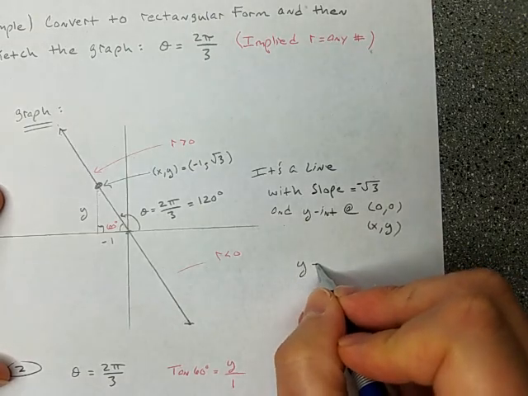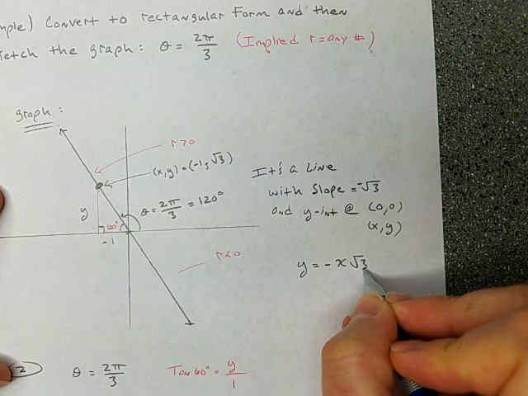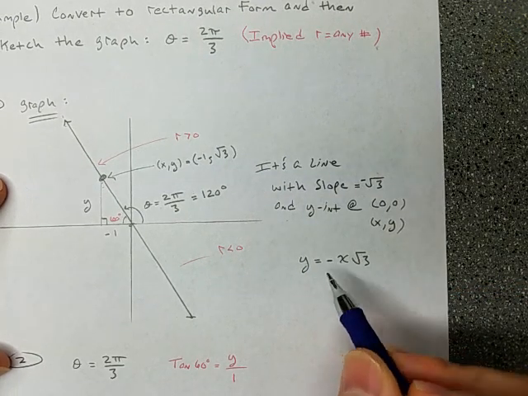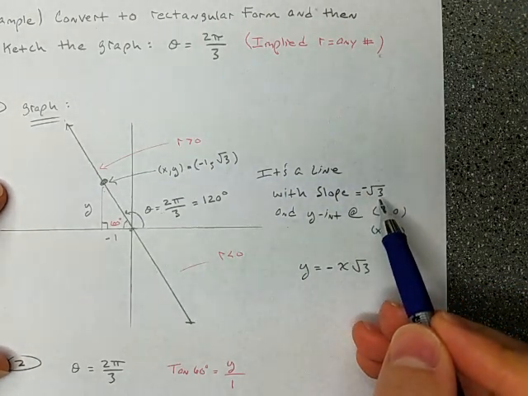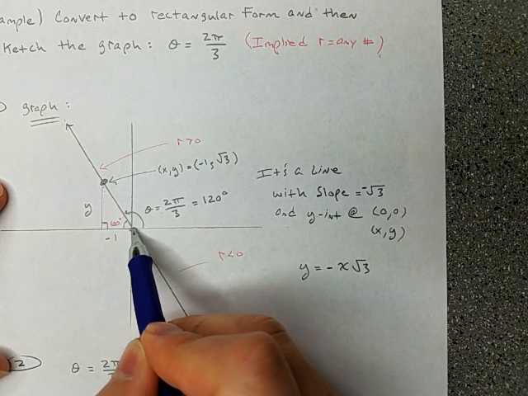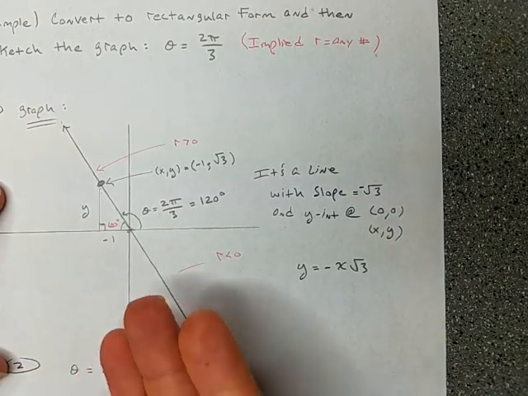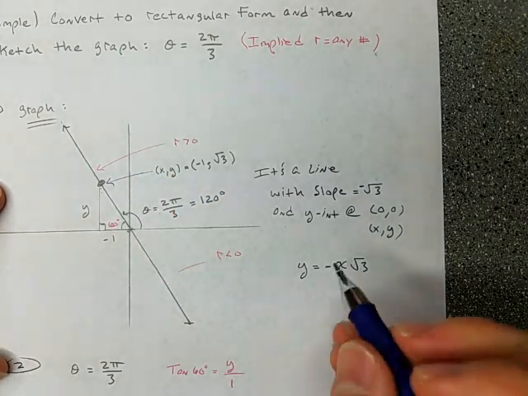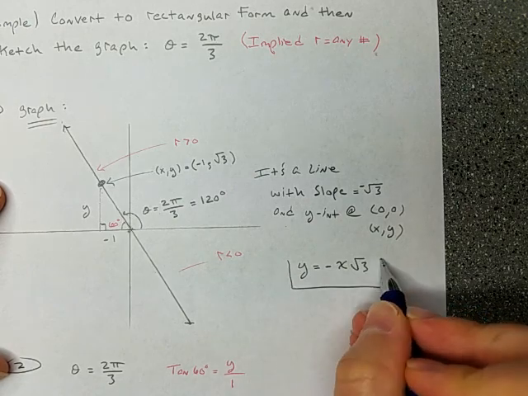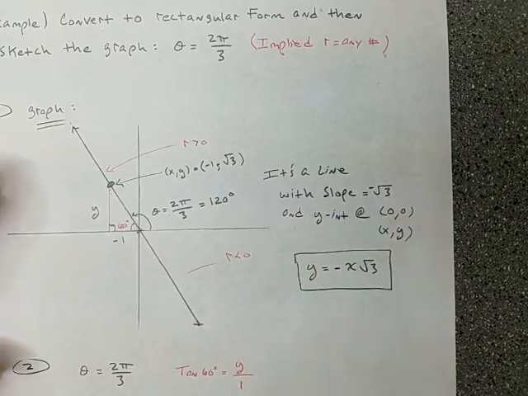It's y equals -x√3. There's the equation of a line with a slope of -√3, given that it has this point on it, and a y-intercept of the origin, given that it has to go through the origin based on our initial analysis of it. All right, there's that. Okay, so the graph, the conversion, that's the whole picture.